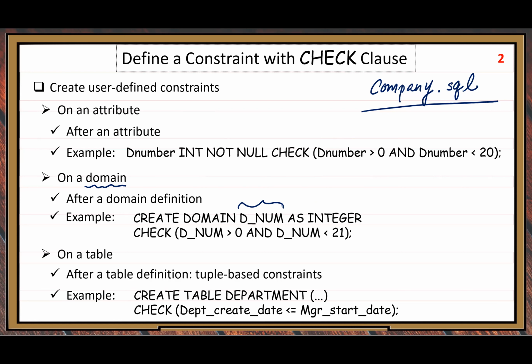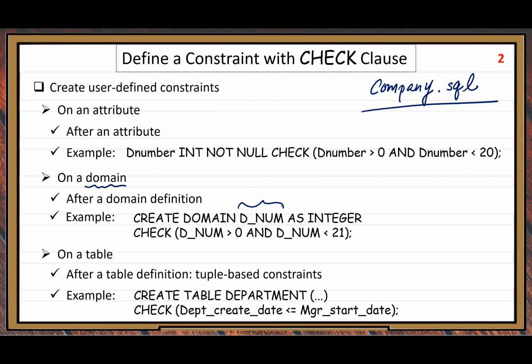Create table department. Then your table definition, so we skip that part. Then at the end of your table definition, you want to apply some special condition. So a check clause. Here we do not have a constraint name, we just write check, then the condition. We apply it on tuples.